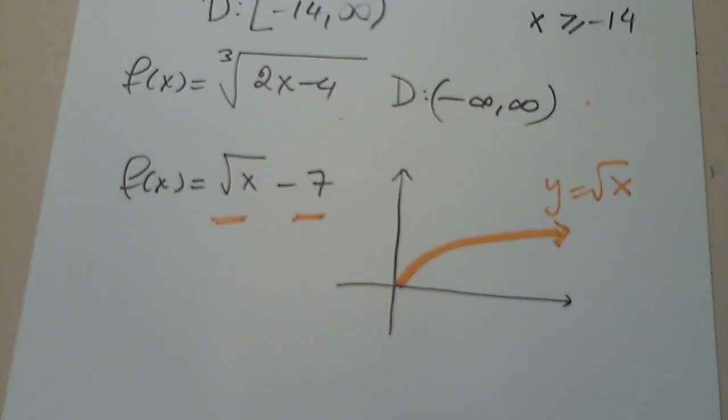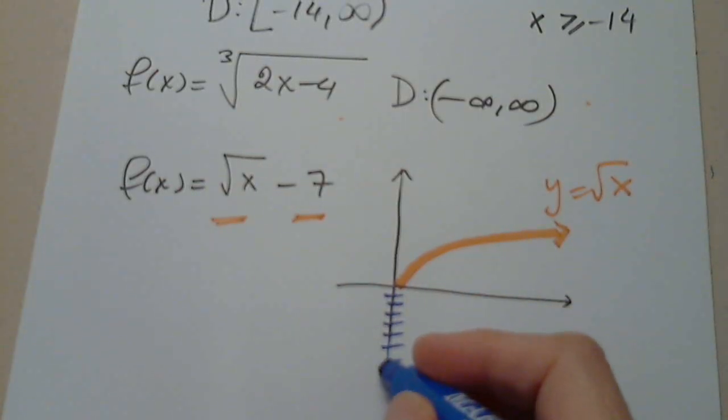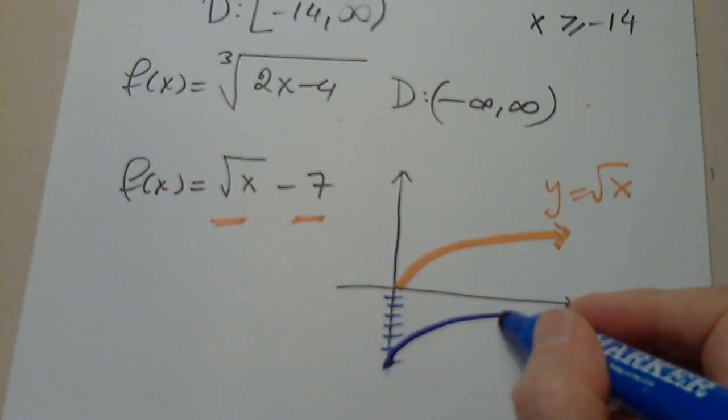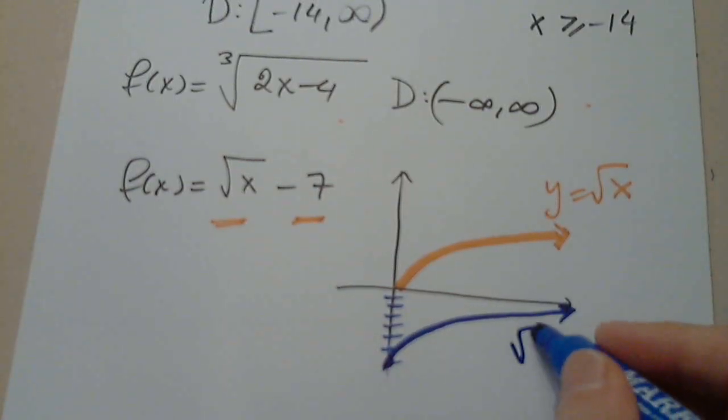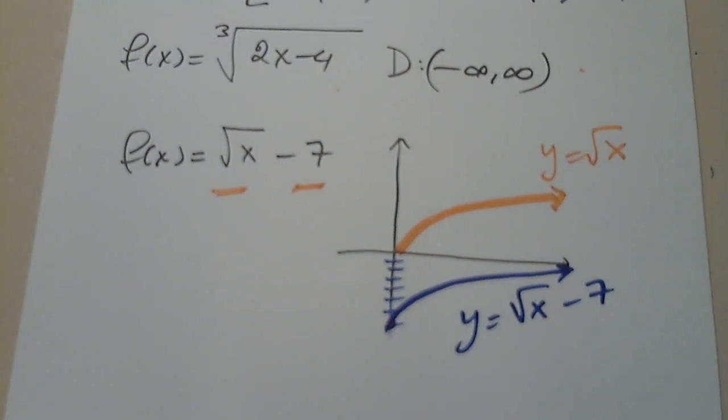How will I graph the square root of x minus 7? You go down 7. Excellent. We go down 7 units. 1, 2, 3, 4, 5, 6, 7. That's it. So this is the square root of x minus 7. Very good. Any questions?